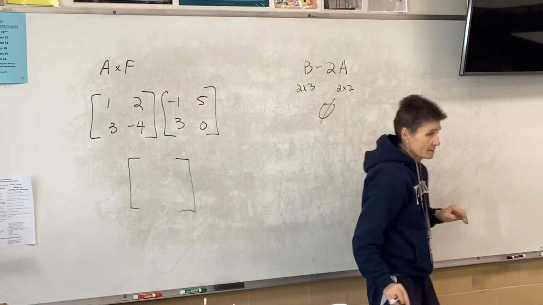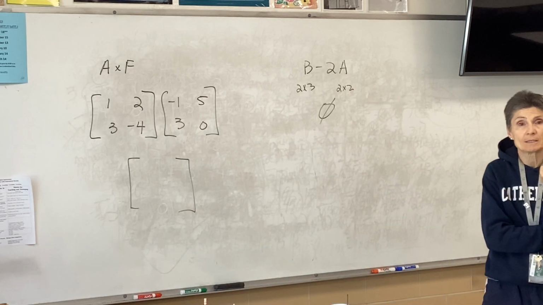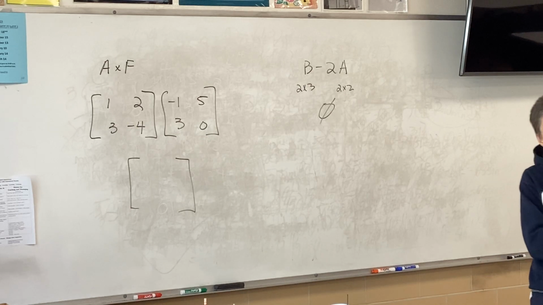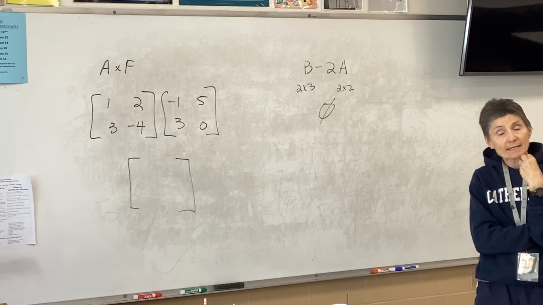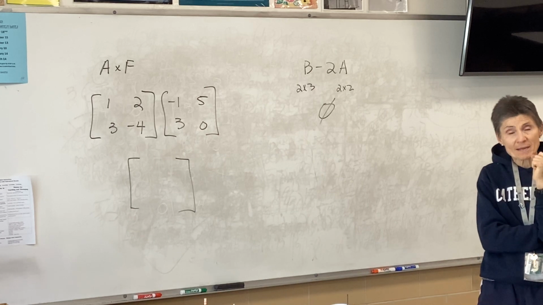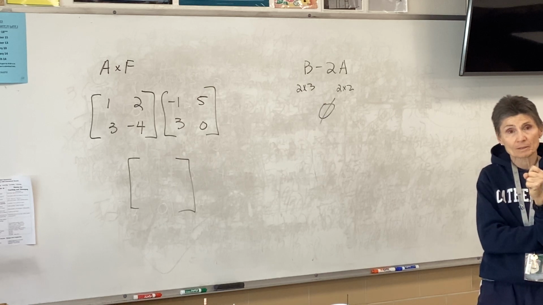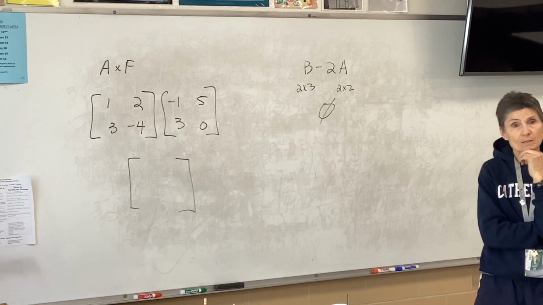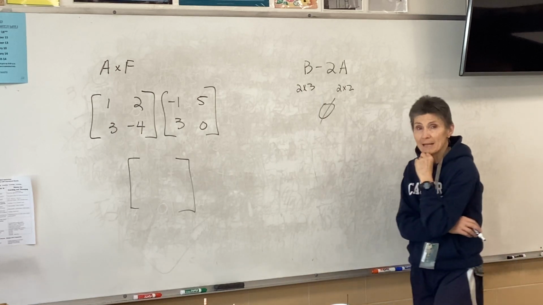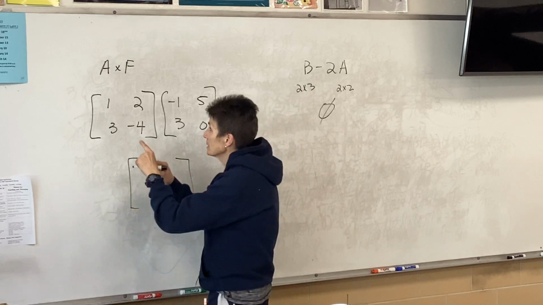All right, so step 1, we got to know the rules about multiplication. Back up a step. What are the rules for adding and subtracting? For adding and subtracting, the matrices must have the same dimensions. Multiplication is different. To multiply matrices, this is what must happen.